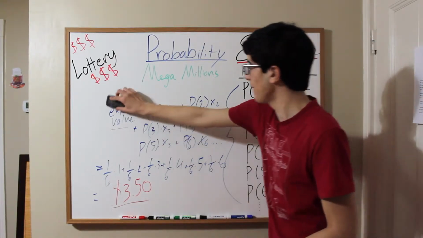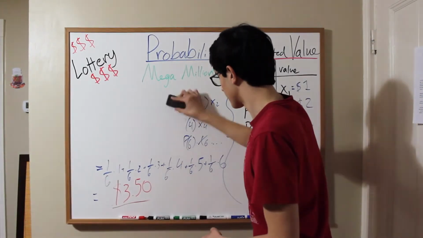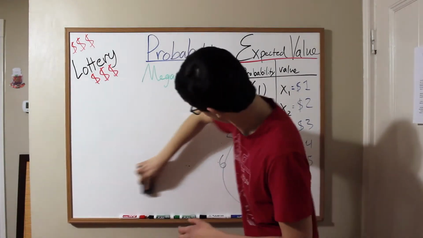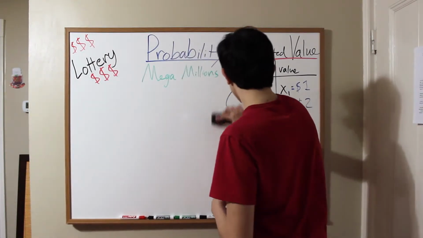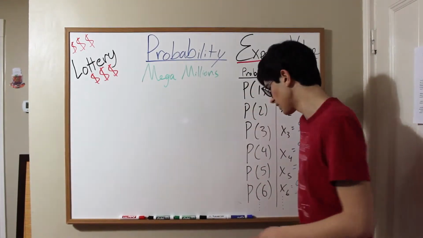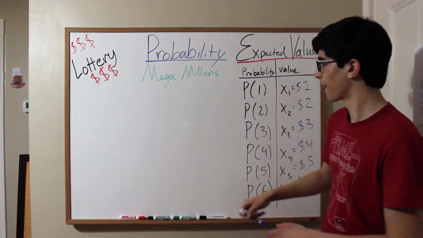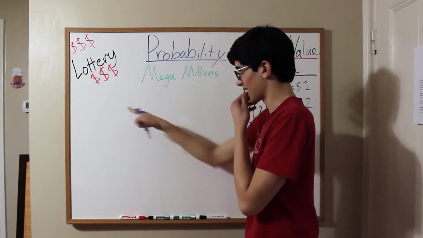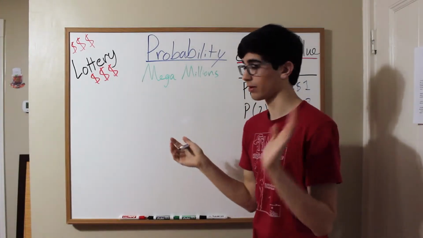Now, I'm using the Mega Millions, and just a cool tidbit, the way that game is played is there are 6 numbers you have to choose. 6 different probabilities make up the giant probability.